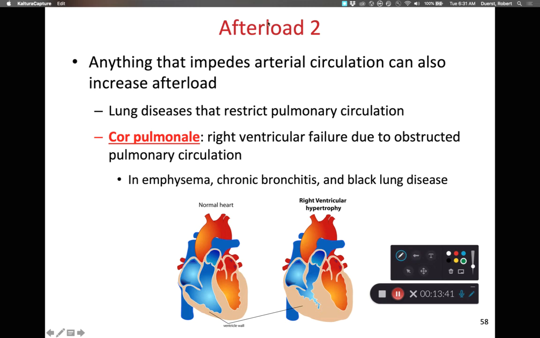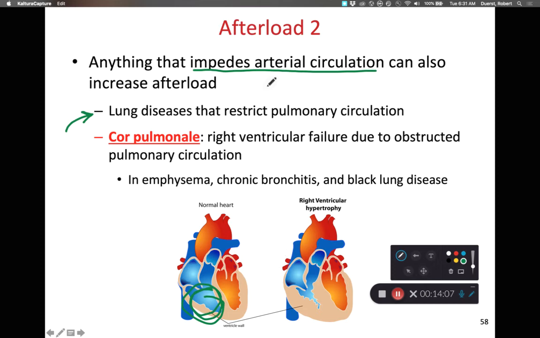So as we look at afterload, it's stuff that pushes blood back into the heart, or impedes arterial circulation. So as we're looking at lung disease, if we have some kind of disease in the lungs that makes it harder for blood to circulate through the lungs, that's going to increase afterload, especially on the right ventricle.